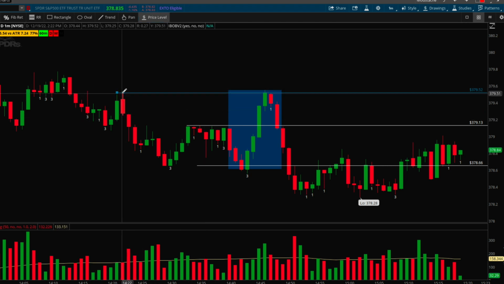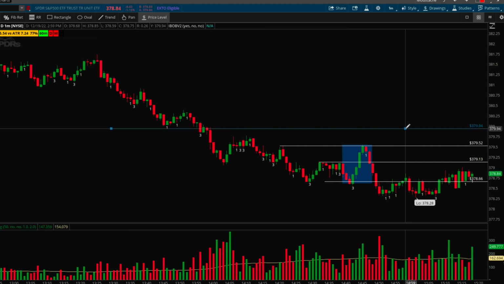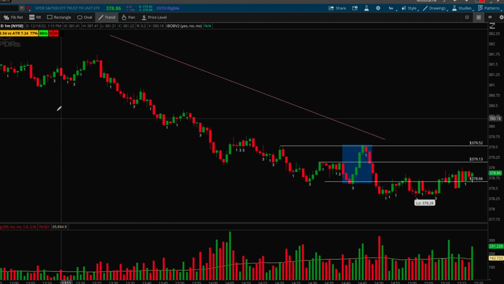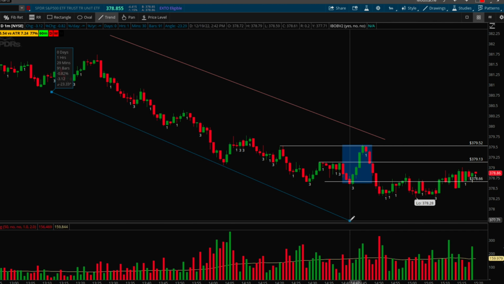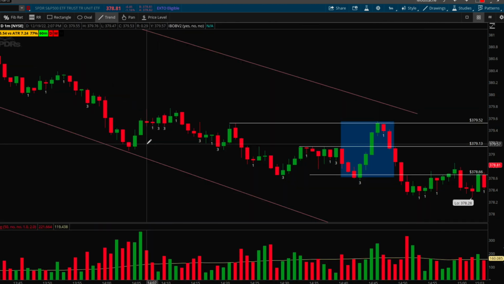What do we have? We have a downtrend as previously shown. Lower lows, lower highs. Obviously downtrending. So what do we wait for?